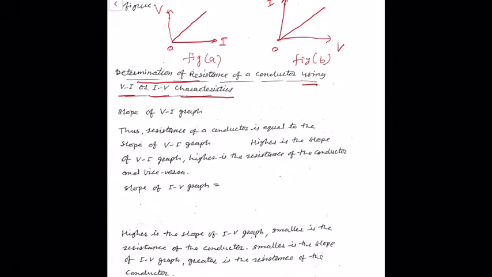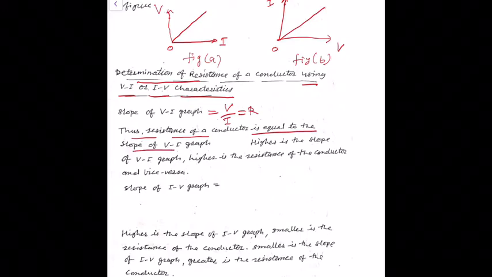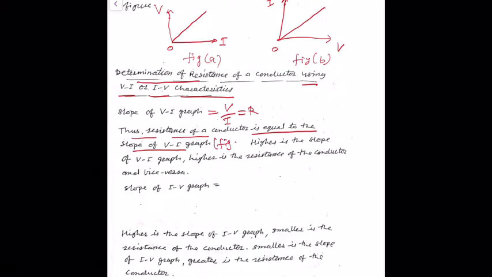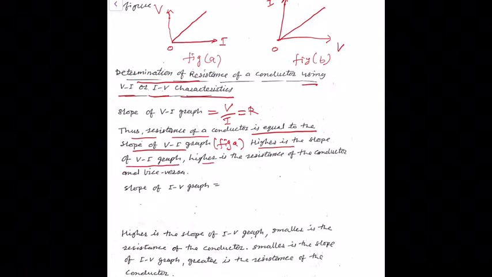Slope of VI graph, slope means tan theta, is equal to V upon I is equal to R. Thus, resistance of a conductor is equal to the slope of VI graph in figure A. Higher is the slope of VI graph, higher is the resistance of the conductor and vice versa.